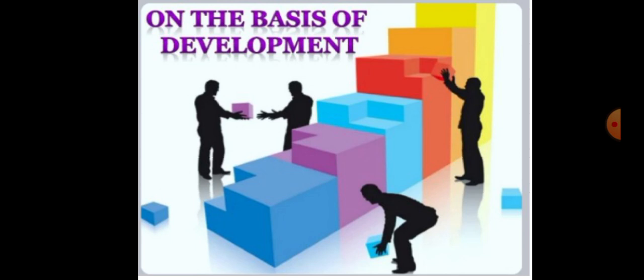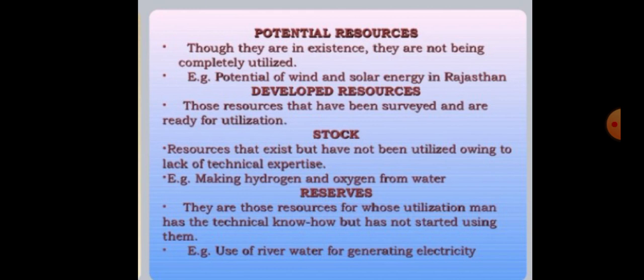Classification of resources on the basis of development. We classify further into potential resource, developed resource, stock, and reserves. Potential resources are those that are in existence, but are not being completely utilized.